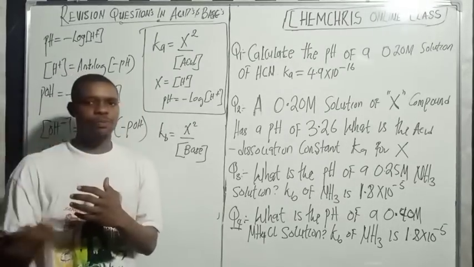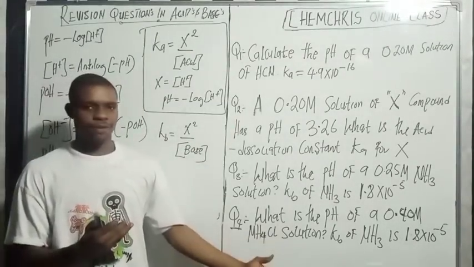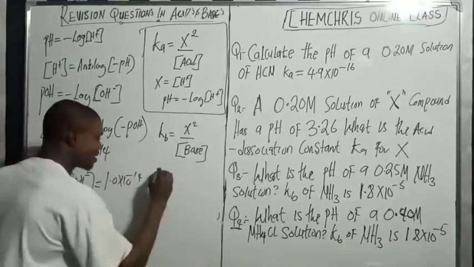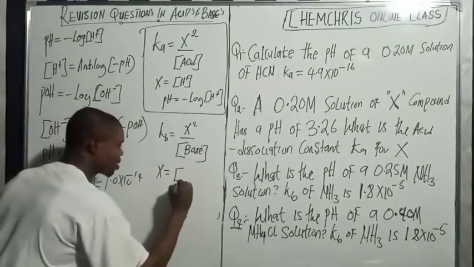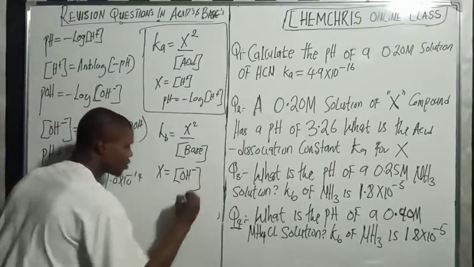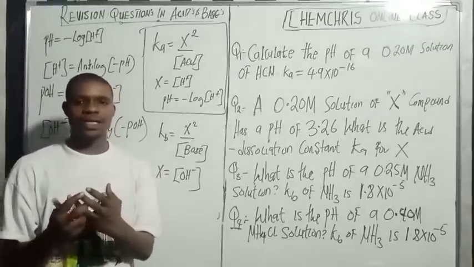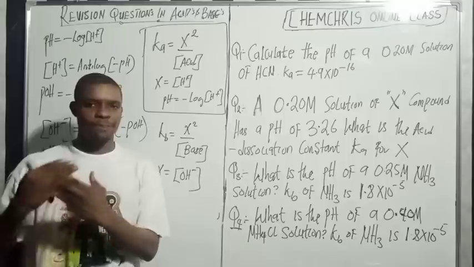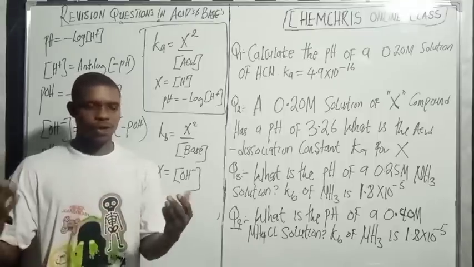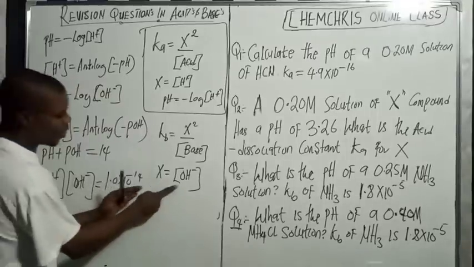In a few minutes, you will see how you can use this to tackle this kind of problem. Now, this X is equal to the concentration of OH minus. Can you see that? So if they ask you to calculate the pH of a weak base, what are you going to do? You calculate the OH minus.